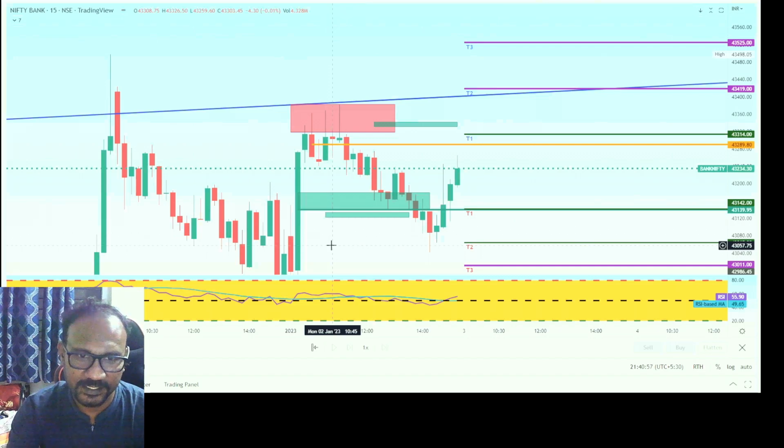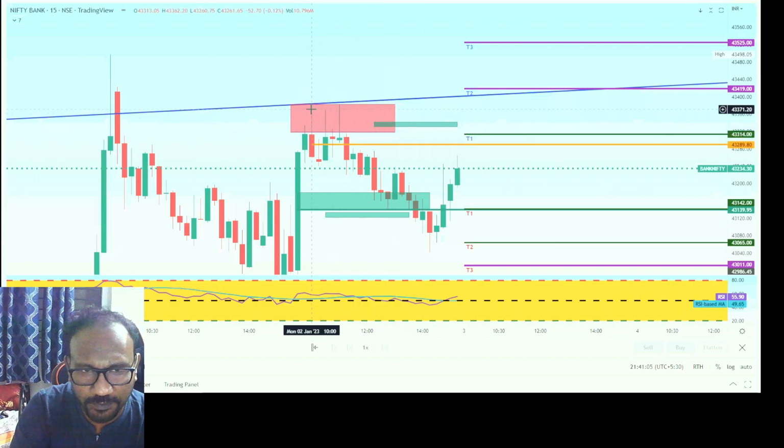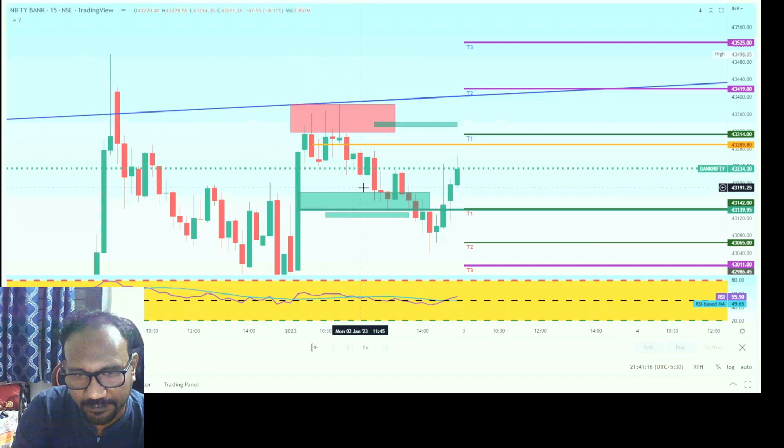So what I did here was, just as there were levels here, I think it was T3, and you can see that there were a lot of large bars, wicks were forming here, right? And this red box indicated that there is a strong level of rejection. And at the same time, whenever the market came here, there was a bounce back.